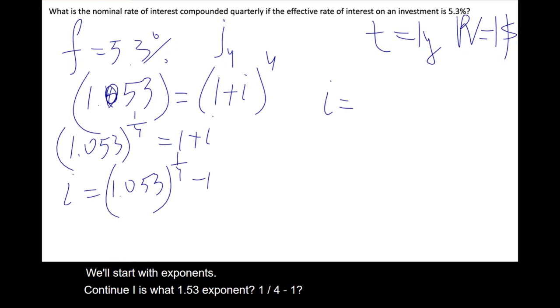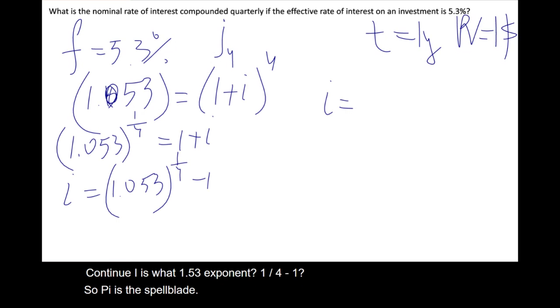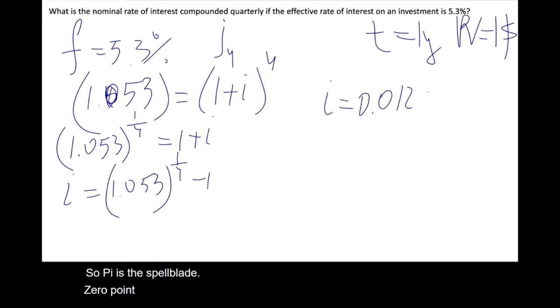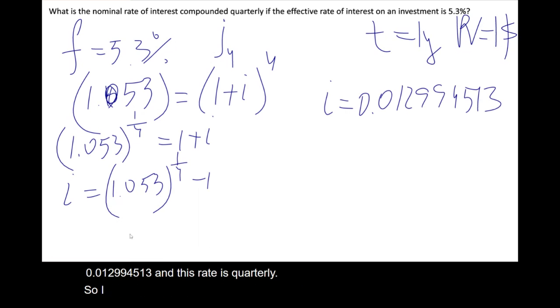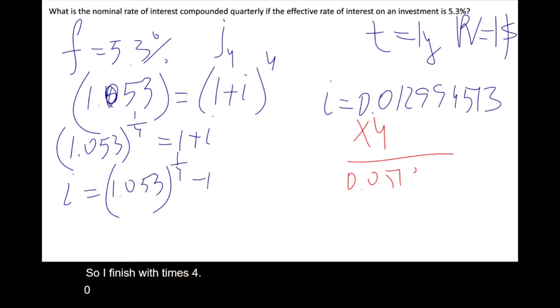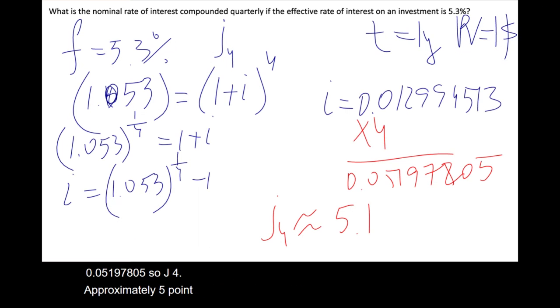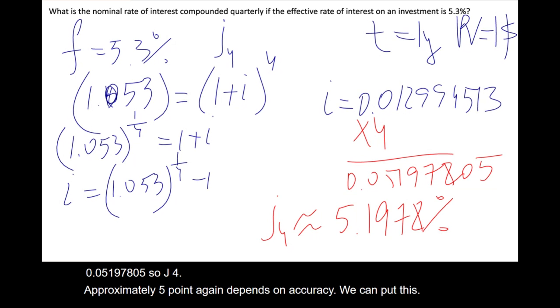So i is, let's calculate, 0.01299451, and this rate is quarterly, so I finish with times 4, 0.05197805, so J4 is approximately 5.2%, again depends on accuracy. Questions?